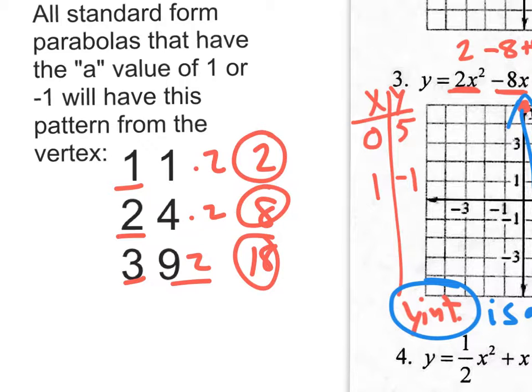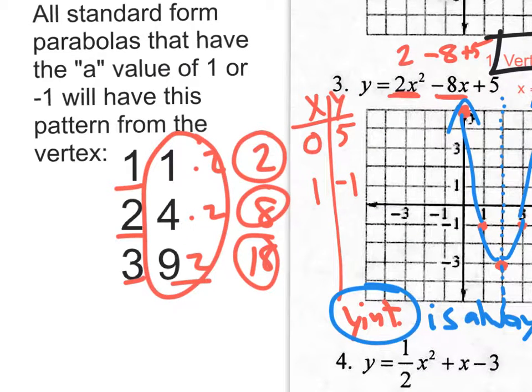You multiply your y values by 2 because your a value is 2. Now, if the a value were 3, you could multiply all these y patterns by 3. If your a value were 1/2, you could multiply all your y value patterns by 1/2. I hope I'm not confusing you guys.